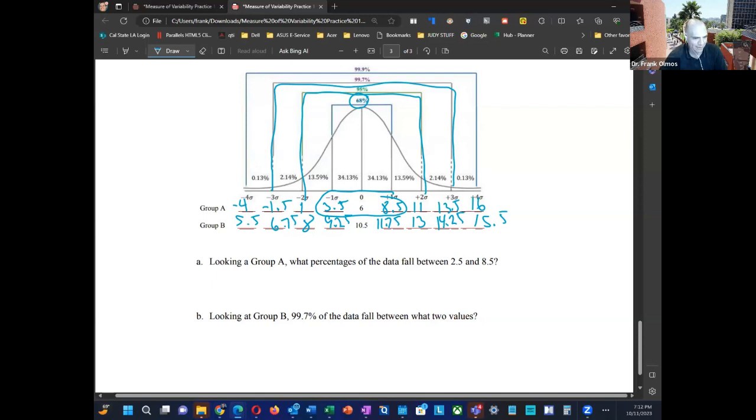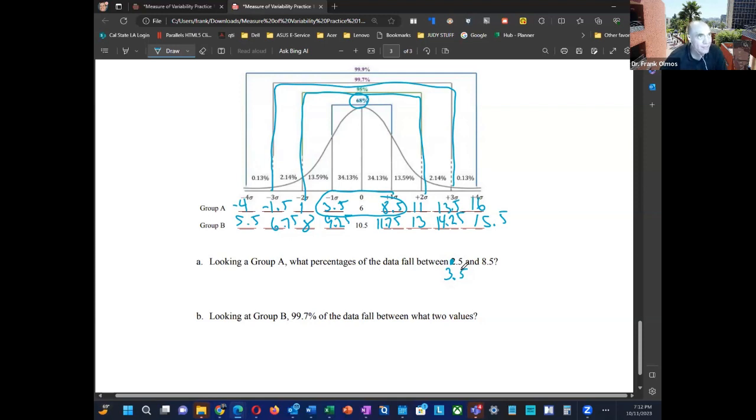Yeah, I think you're right. But this should be 3.5. We're not making life harder here. We won't be calculating that yet. Okay, it's a typo. I'm looking at another copy of it. So for those of you who have it, make sure you put 3.5. Okay, 3.5 to 8.5.